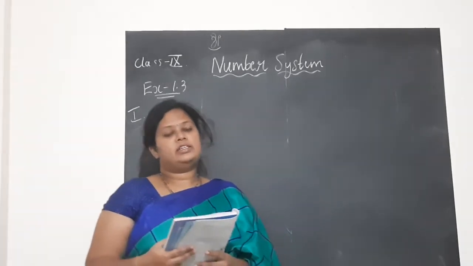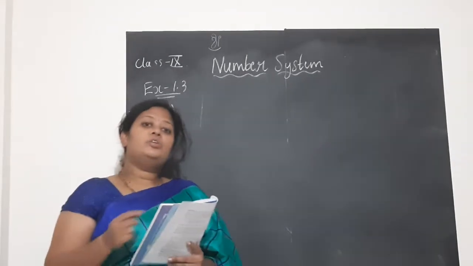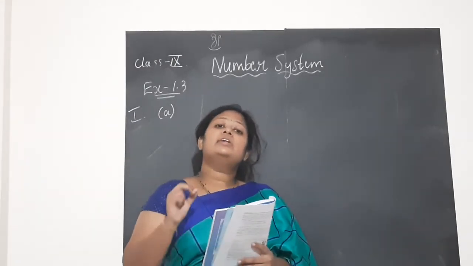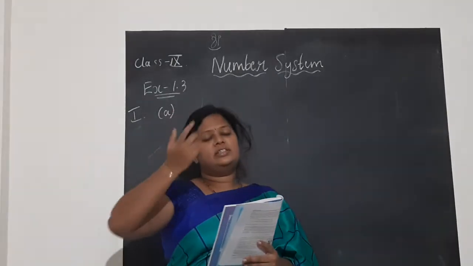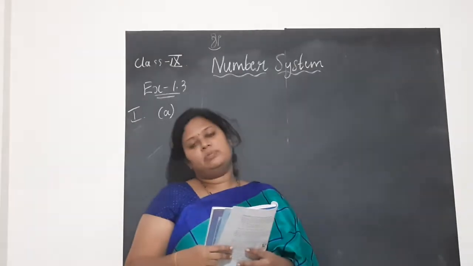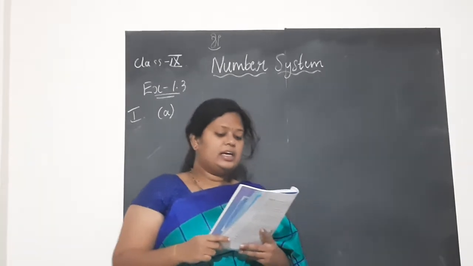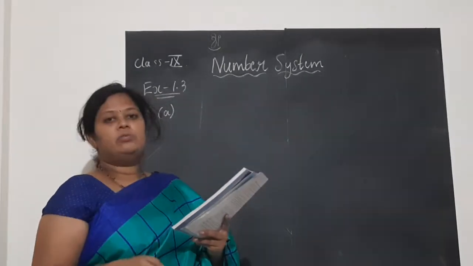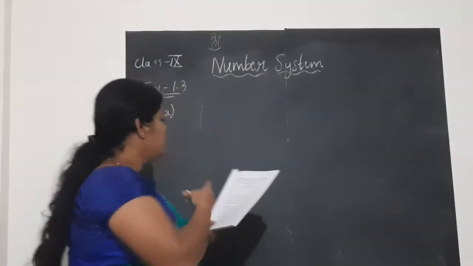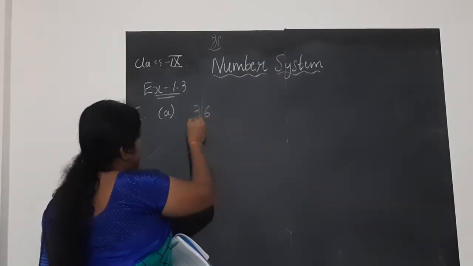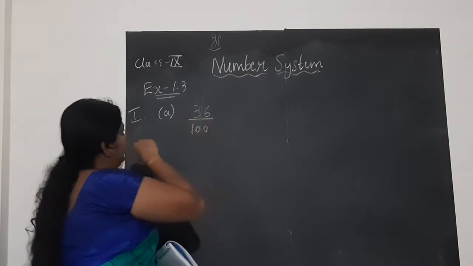If you get a remainder other than 0, then it is recurring or non-terminating. It is very simple. I will solve a few and you can solve a few. I will show you the first question, that is 36 divided by 100.